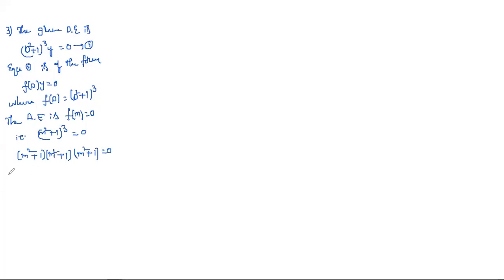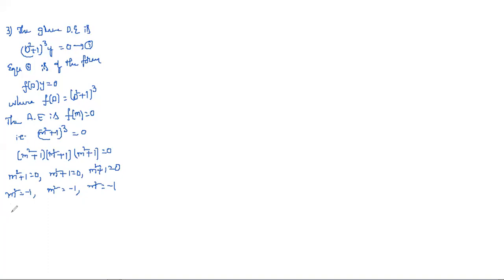So we get m square plus 1 is equal to 0, again m square plus 1 is equal to 0, and again m square plus 1 is equal to 0. Taking the 1 to the right hand side, it changes to minus 1, so m square is equal to minus 1, three times.